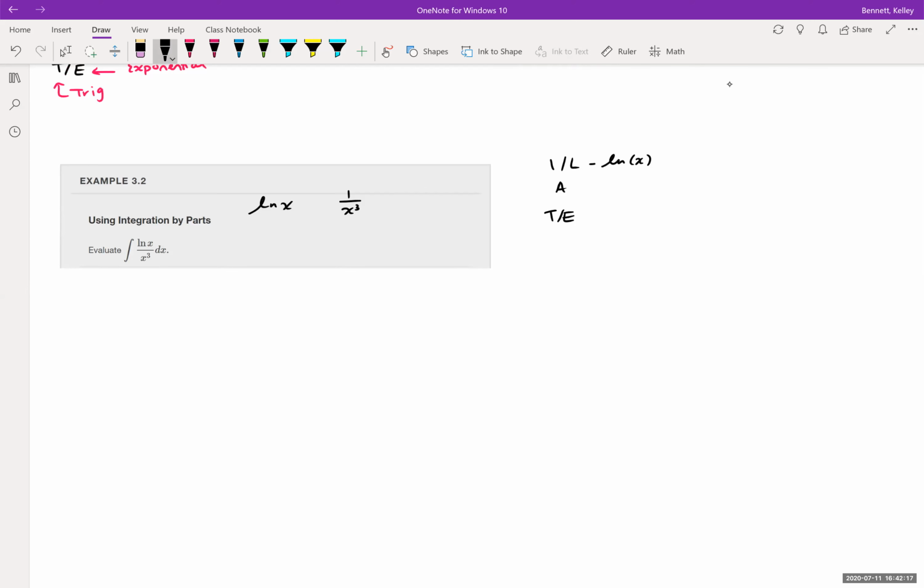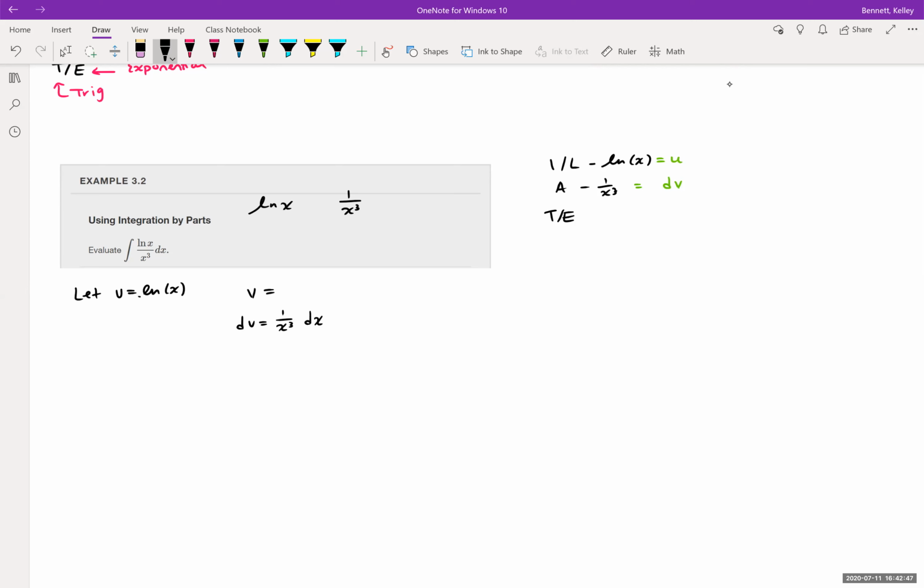And then 1 over x cubed is going to be algebraic. So that means I'm going to use ln of x for my u and my algebraic function for my dv. So if I set that up, let u equal ln of x, and we'll let dv equal 1 over x cubed dx.